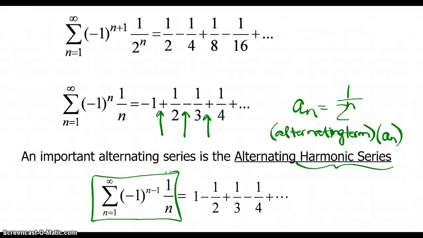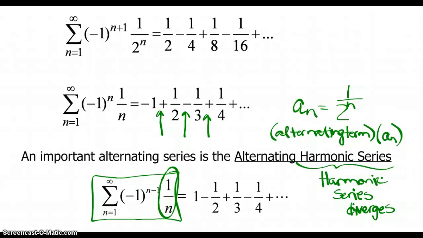Can you see that a sub n in this series is the harmonic series? We know the harmonic series diverges, and it diverges very slowly. It's smaller and smaller and smaller terms added to an accumulating sum, but it does diverge.